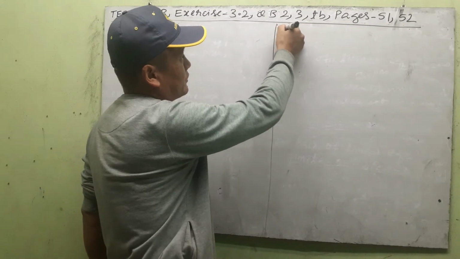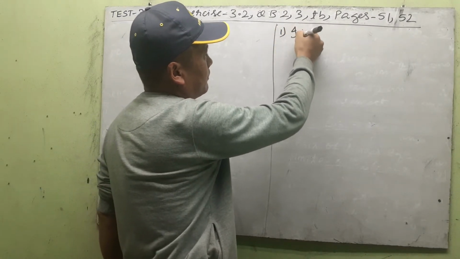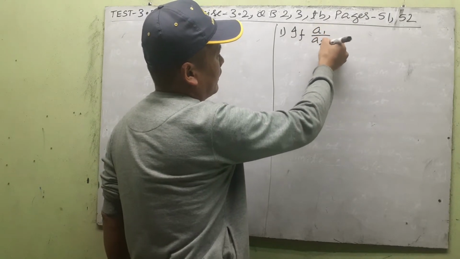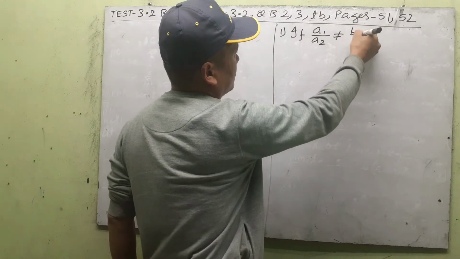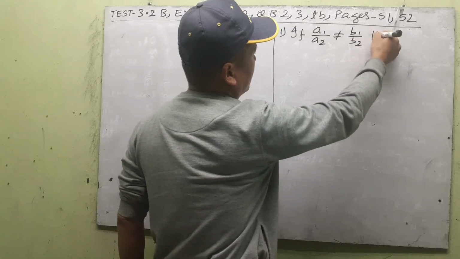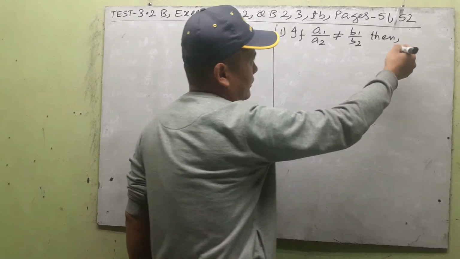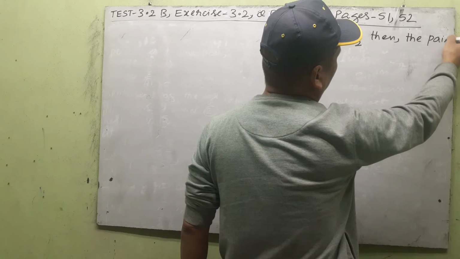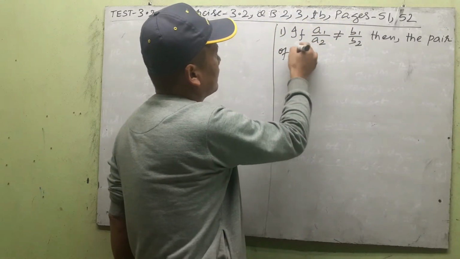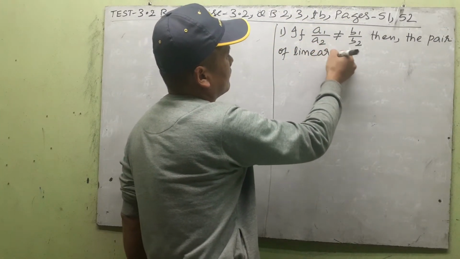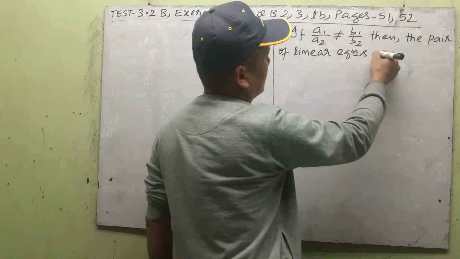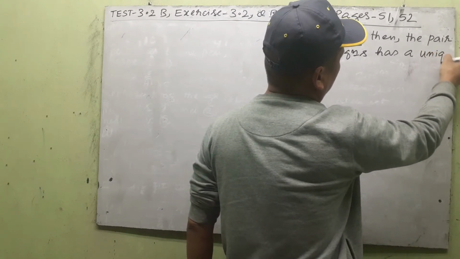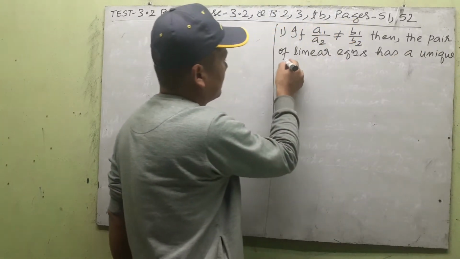in exercise 3.3. So one is, if a pair of linear equations is given to us and we calculate a1 by a2 and we find this not equal to b1 by b2, then the first condition is the pair of linear equations that are given to us has a unique solution.